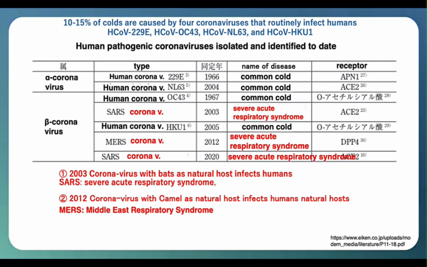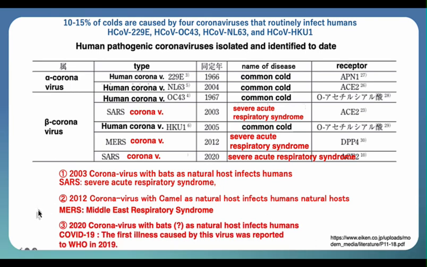This was also accompanied by very severe respiratory illnesses. The most recent outbreak was in 2020. A coronavirus, probably with bats as the natural host, infected humans, causing severe respiratory illness. Thus, when a coronavirus crosses the species barrier and infects humans, it causes a very serious respiratory disease.